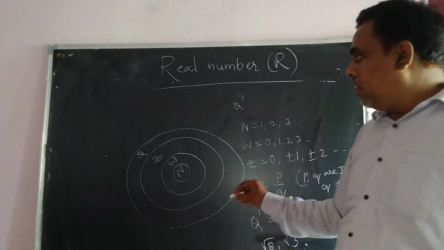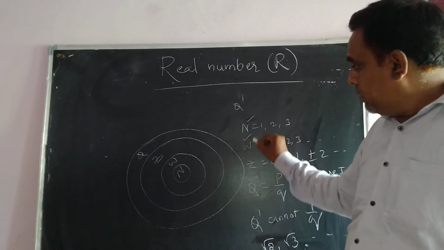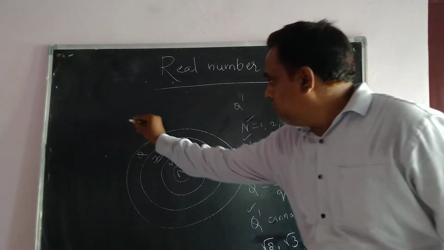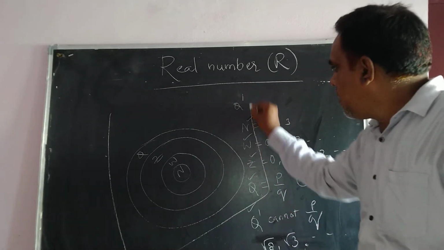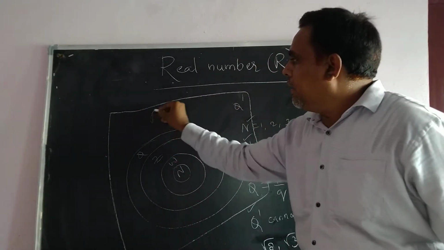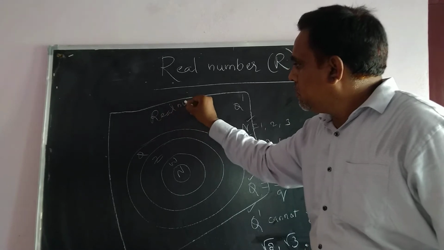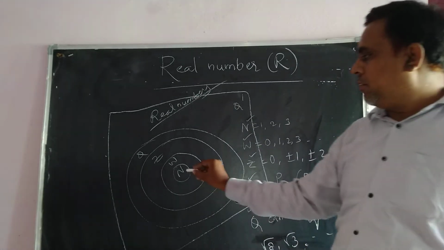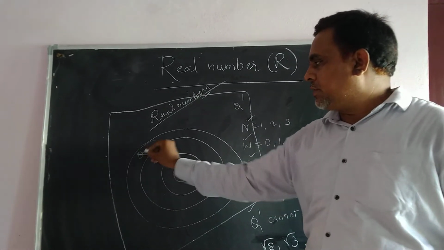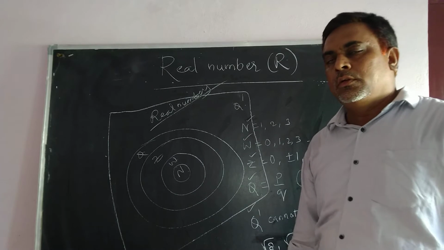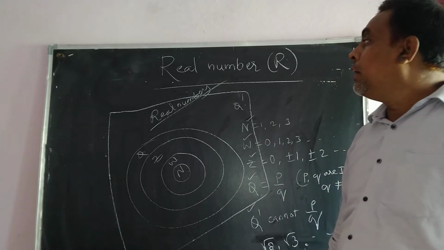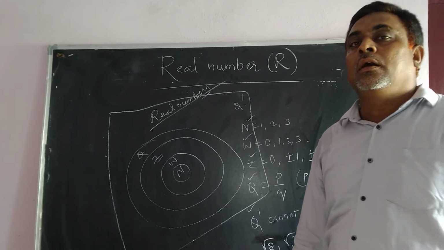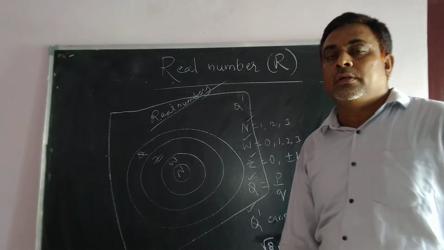So all these sets of natural numbers, whole numbers, integers, rational numbers and irrational numbers combine to form the set of real numbers. That is the topic which you already learned in the 9th class.